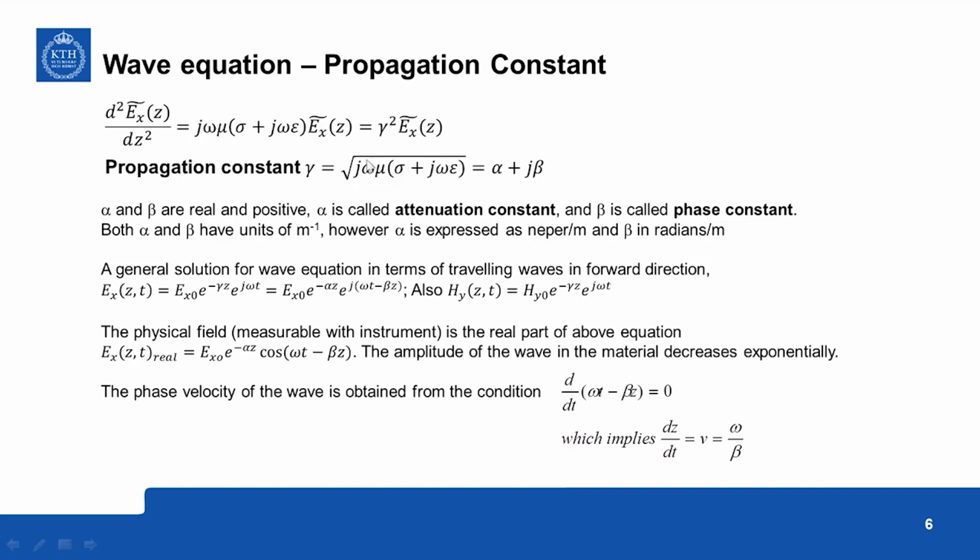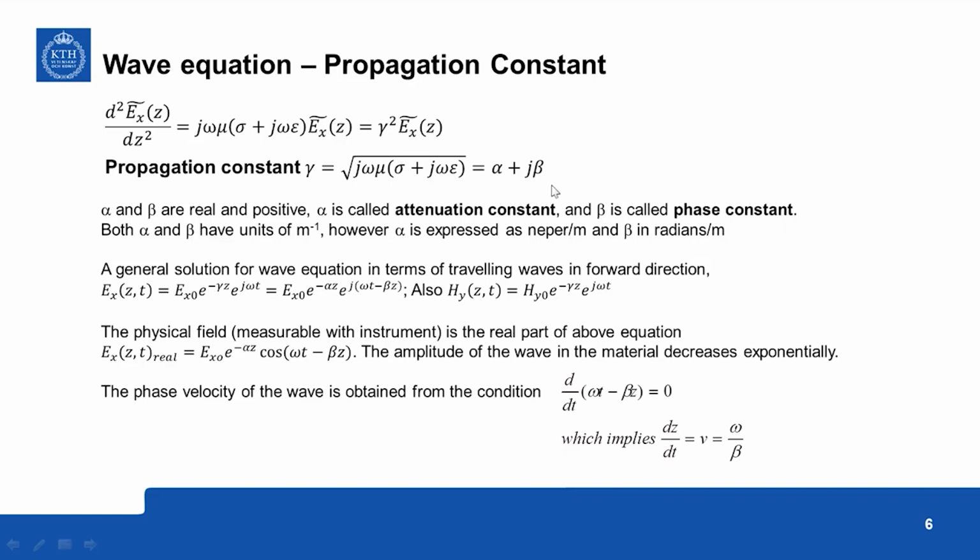Now this can be separated into real and imaginary parts, and let us say alpha is the real part and beta is the imaginary part. The real part is called the attenuation constant, and the imaginary part beta is called the phase constant.